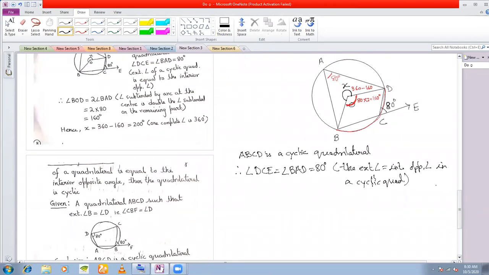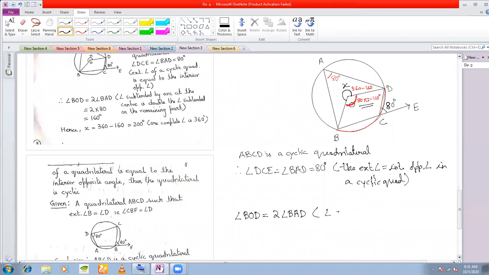So once we have found this angle to be 80 degrees, we will now find the angle at O. We will write angle BOD is equal to twice of angle BAD. Why?